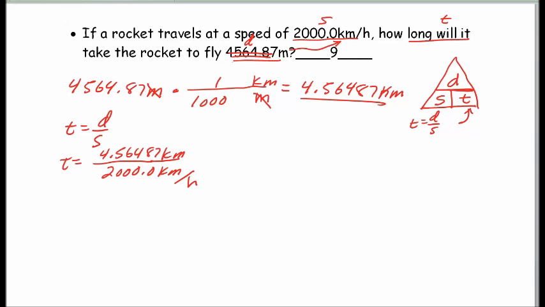And you can very quickly see here that kilometers, because it's above and below the division line, factors out, and that's going to leave the unit in the answer as a time unit, hours, which is just what we're looking for. Now we're going to solve the problem, and when we divide that out, it works out to 0.002, and that's hours. That unit hours comes down here. So our answer is 0.002 hours.